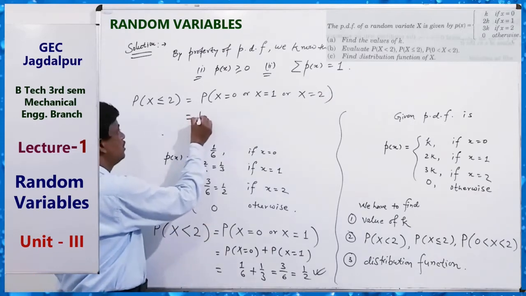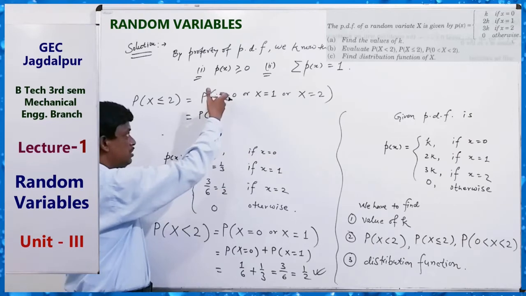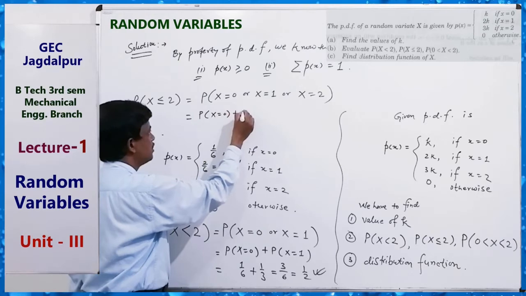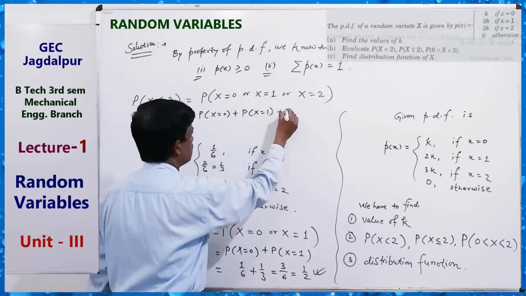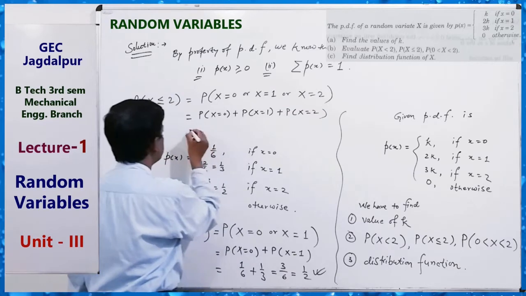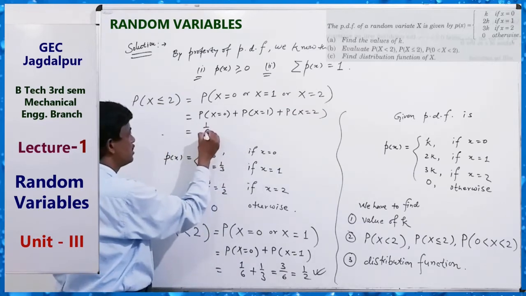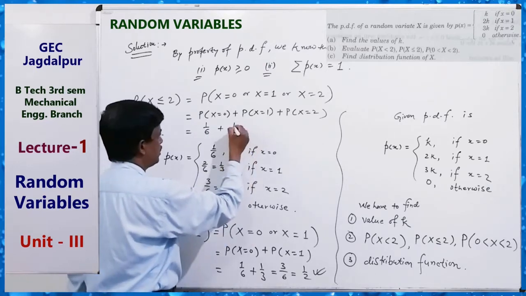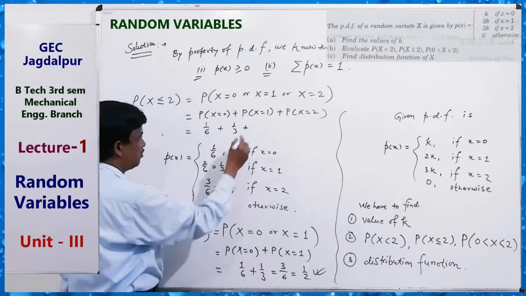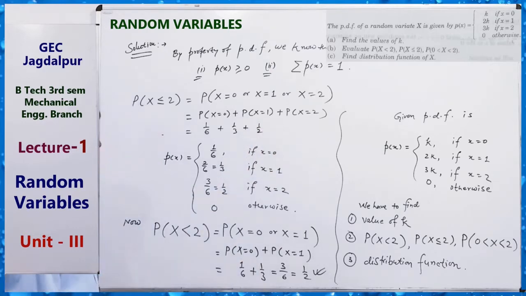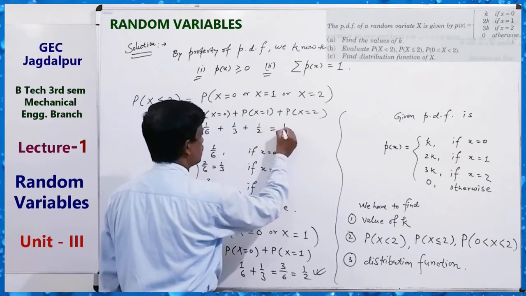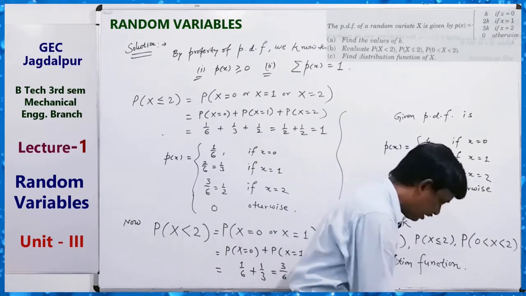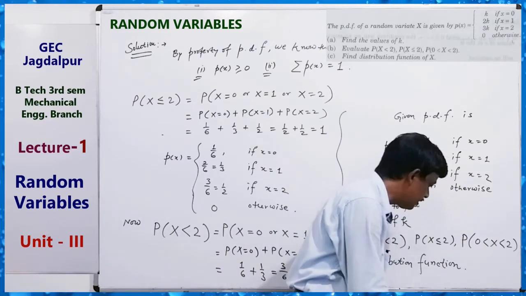So Px equals 0 plus Px equals 1 plus Px equals 2, which is 1 by 6 plus 1 by 3 plus 1 by 2. Clear? This equals 1 by 2 plus 1 by 2, which equals 1. So the value is 1. Clear?